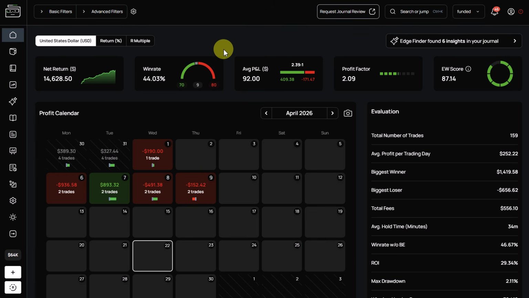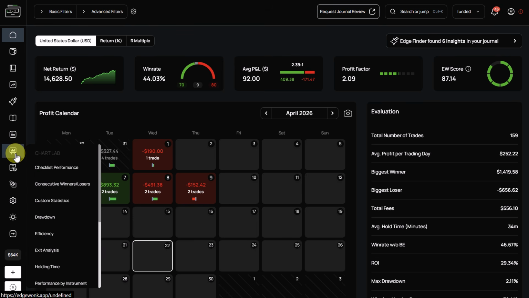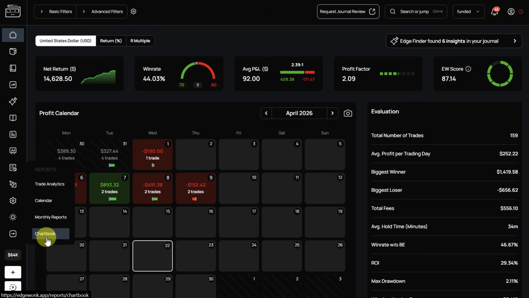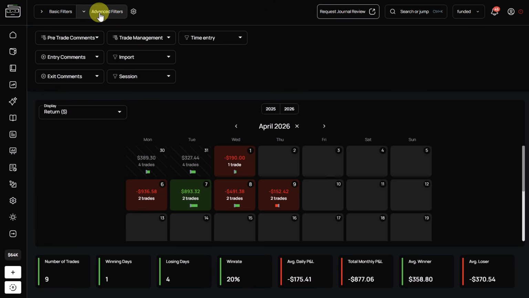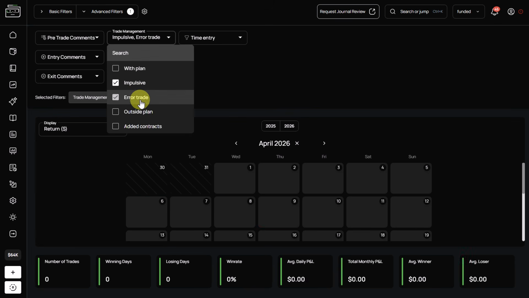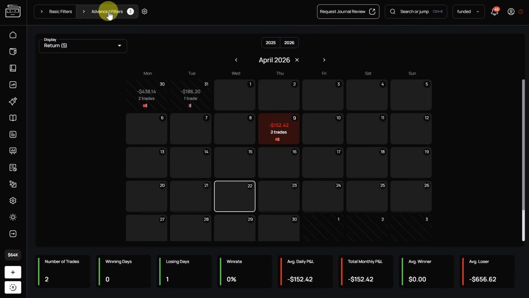Again, to summarize this, first of all, testing different target approaches, because there seems to be some potential here for the trader based on the exit analysis graph. Diving deeper into his mistakes, although there's a big caveat here. When we go to the reports and the calendar, what we can do, trade management, we only want to look at the quote bad trades.